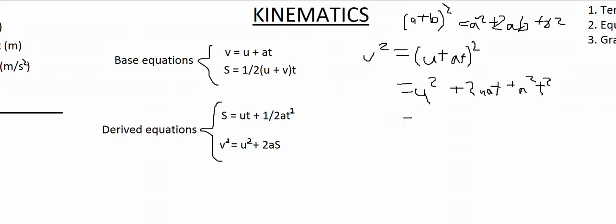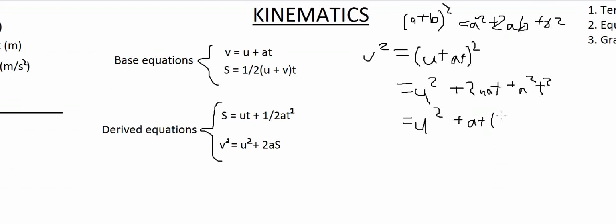Sorry, that's bad handwriting. You combine the last two terms, and you get u squared plus (2uat plus a squared t squared).